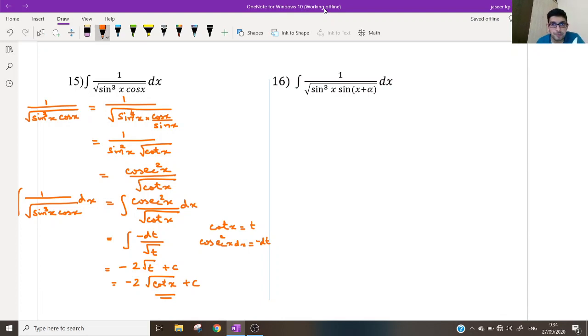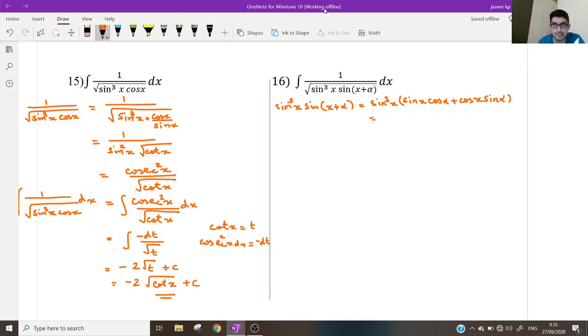Now to the next problem. Integral 1 by under root sin cube x into sin x plus alpha. So let us simplify this expression, then we'll put inside the root. So sine cube x, sine x plus alpha, where sine x plus alpha will be sine x cos alpha plus cos x sine alpha.